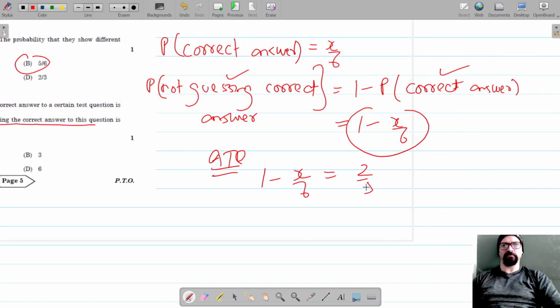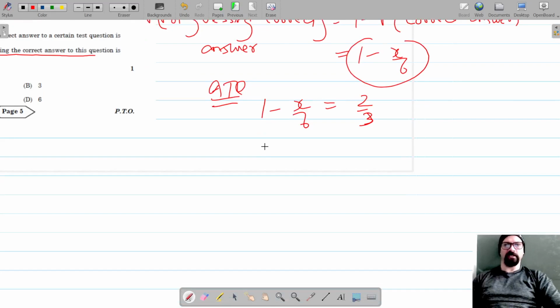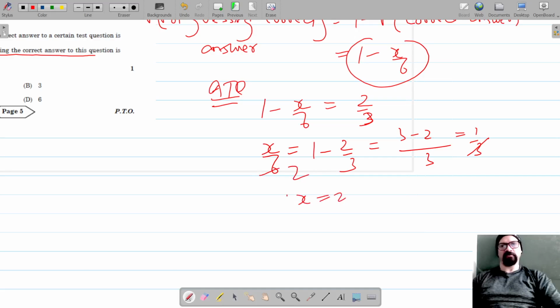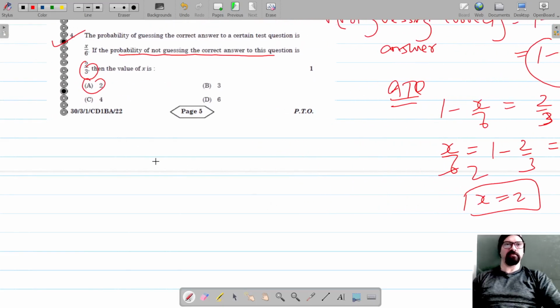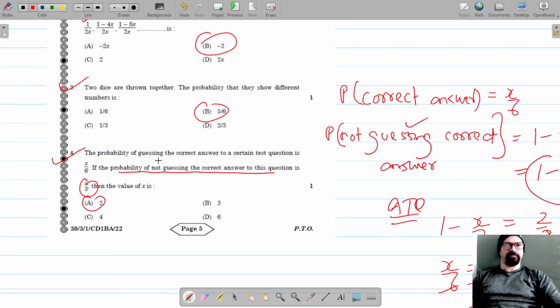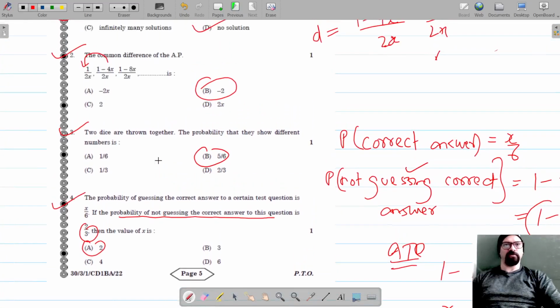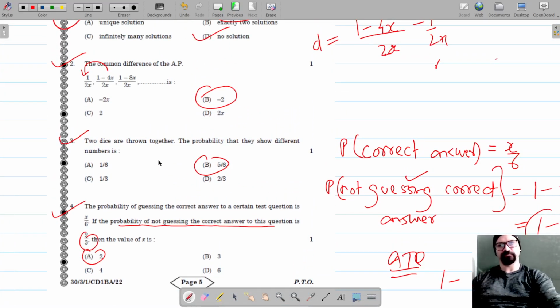So x by 6 is equal to 1 minus 2 by 3. This is 3 minus 2, which is equal to 1 by 3. So x is equal to 2. So the value of x is 2. That is option A. Moving on to question number 5.